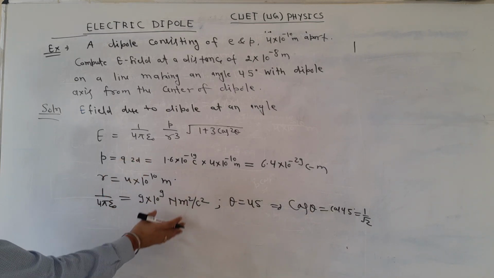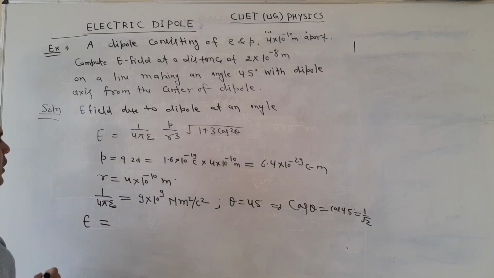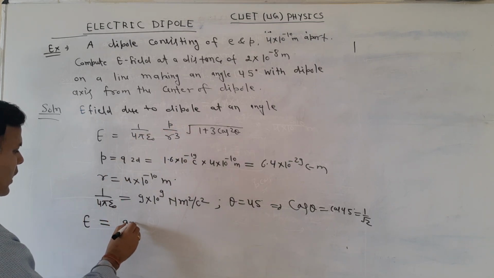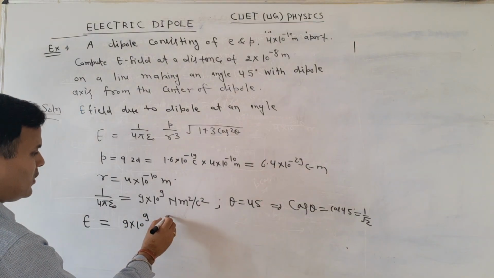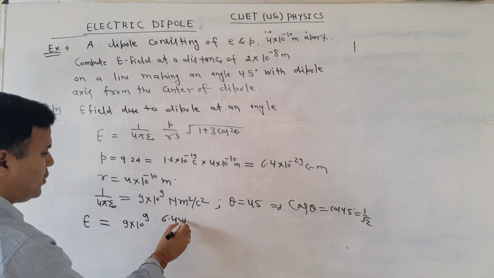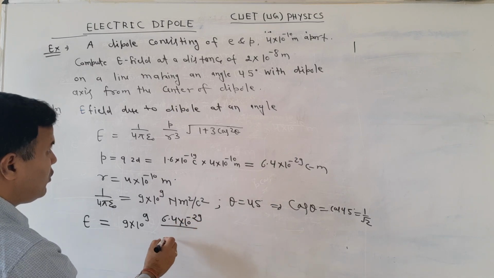Now putting all the values in this expression to find the electric field due to a dipole at an angle: 9 into 10 to the power 9 into P, which is 6.4 into 10 to the power minus 29, by R cube.